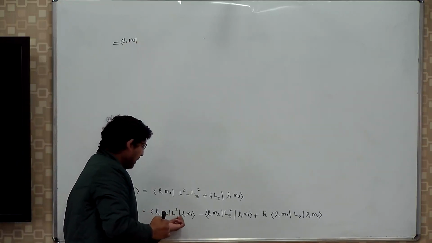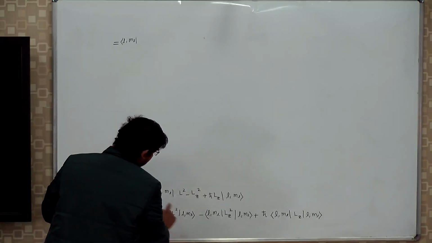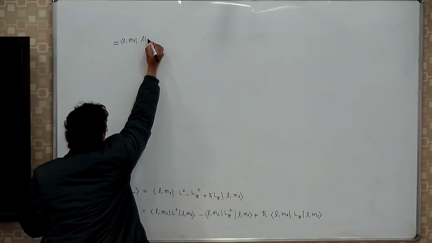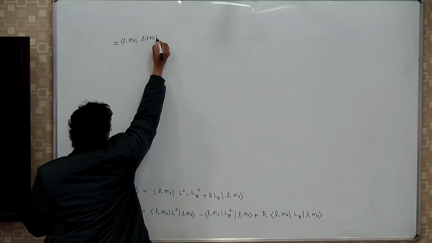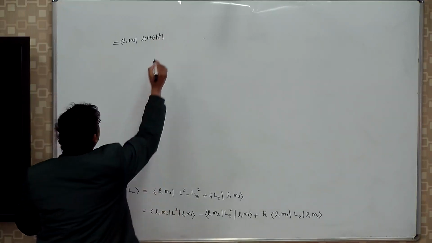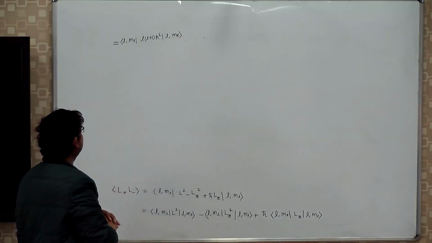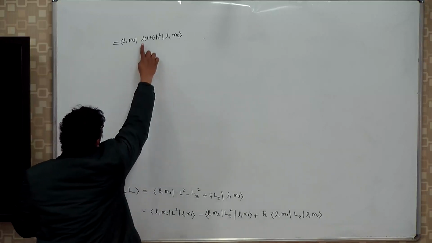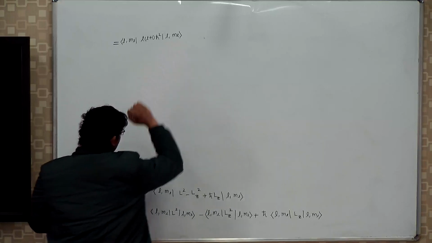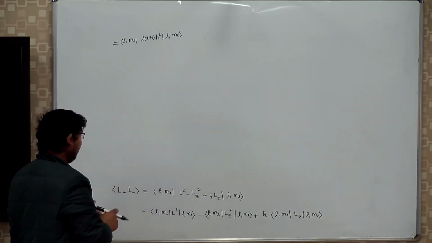If L square acts on this, we will get L into L plus 1 H cross square, and the state will be retained. This is nothing but the eigenvalue of the operator L squared, and this is the eigenstate of the total angular momentum L squared.